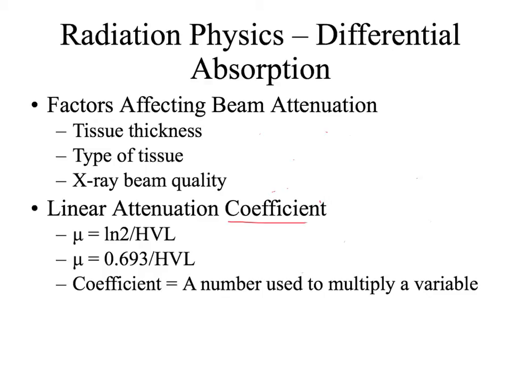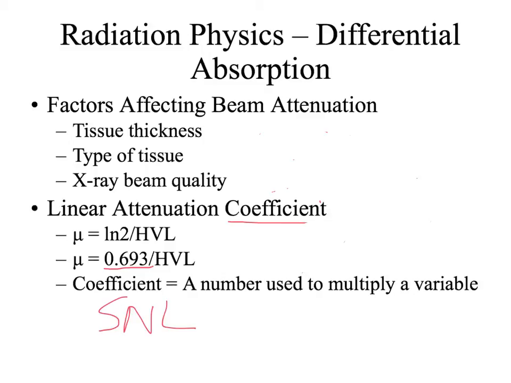So does anyone remember from my last physics lecture how I suggested memorizing this formula, the natural log of 2? It was Saturday Night Live, right? So natural log of 2 is 0.693. 6 starts with an S, 9 starts with an N, and then there's 3 letters in Saturday Night Live, SNL.